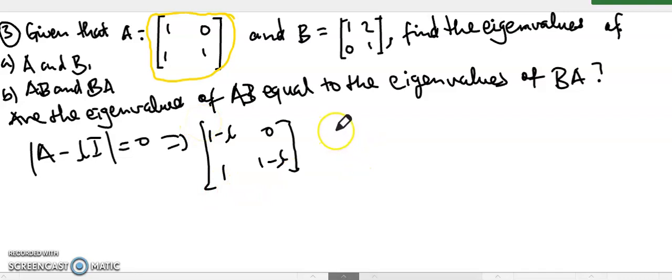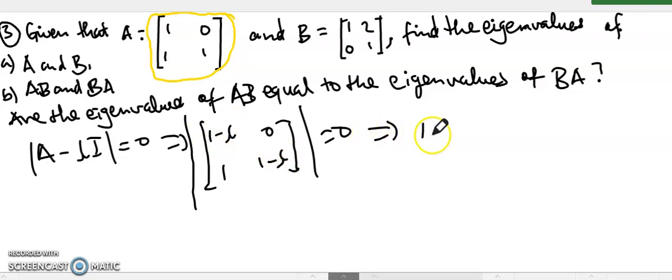This must be equal to 0 because we are looking for the determinant. When you have 1 minus lambda and 1 minus lambda, and you multiply the 1 by 0, you simply get 0.